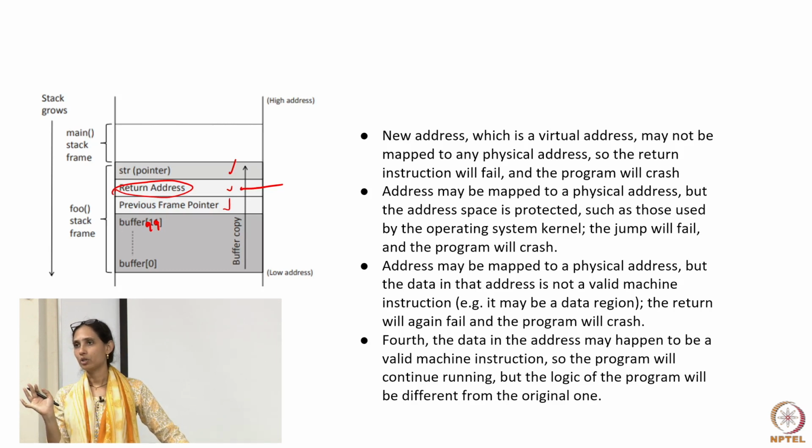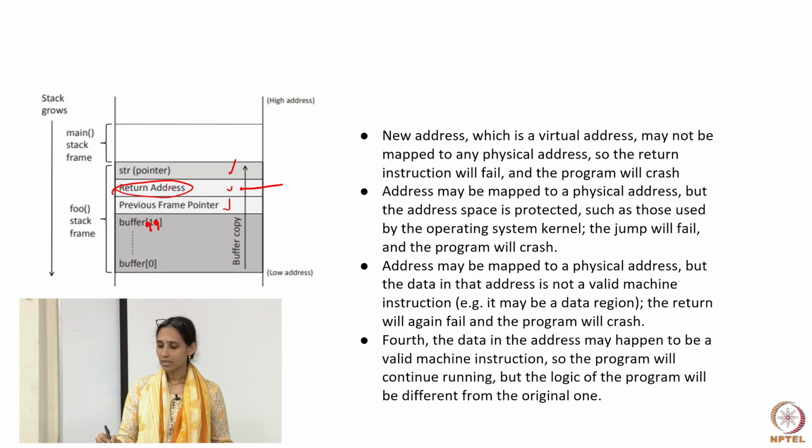Now, because we are dealing with virtual addresses, that may not map to any physical address, in which case the program will crash. So, if you write some random junk here which is not any physical address, the program will crash, because you are trying to access some address that is not there.